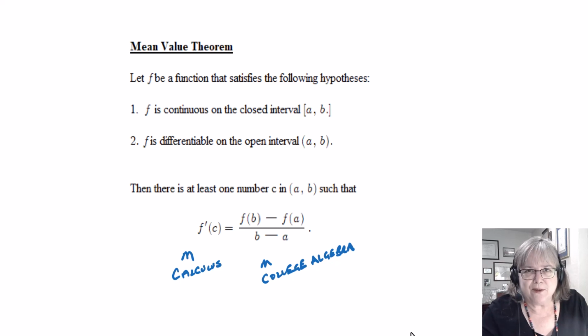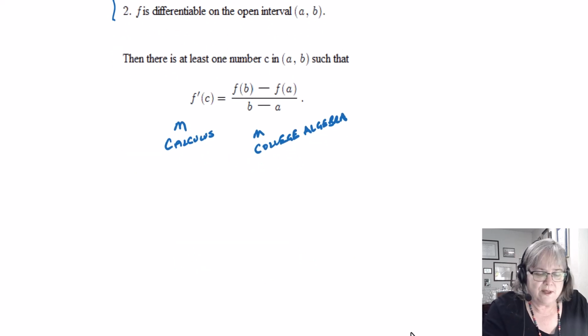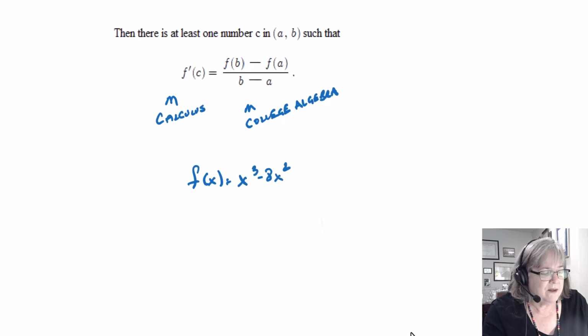Okay. So keep in mind that if your teacher just says, show that this meets the mean value theorem criteria, and then they give you some sort of a function to analyze, you're going to have to be sure and state that it's continuous and it's differentiable. So let's say that we have this function, which is x cubed minus 8x squared, which is a polynomial.